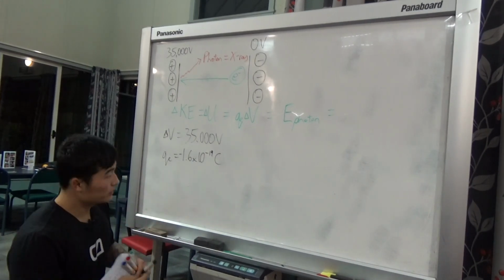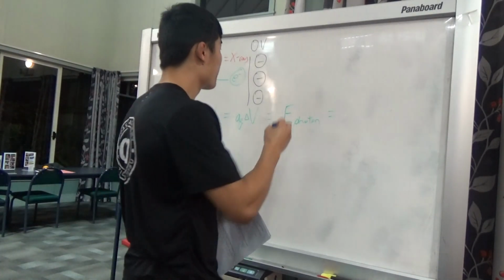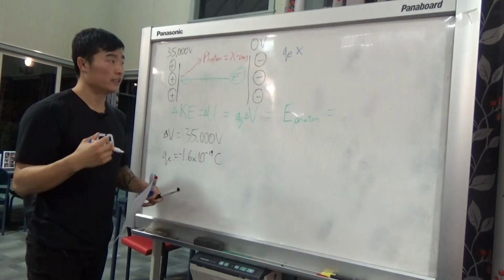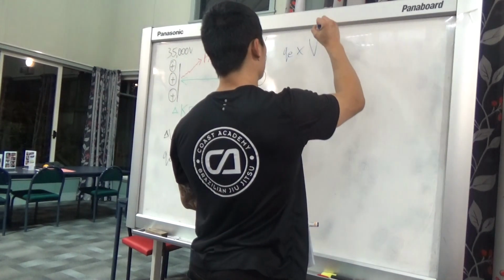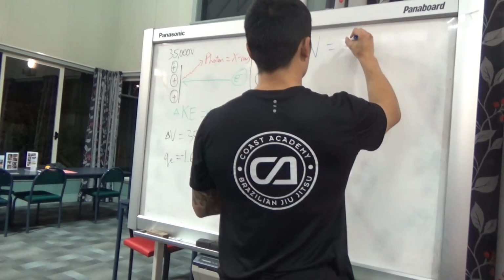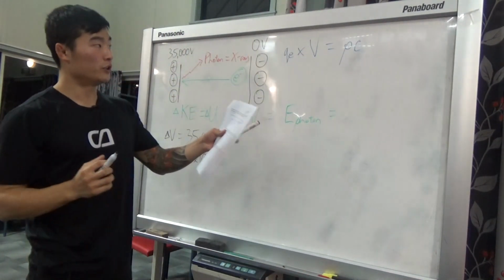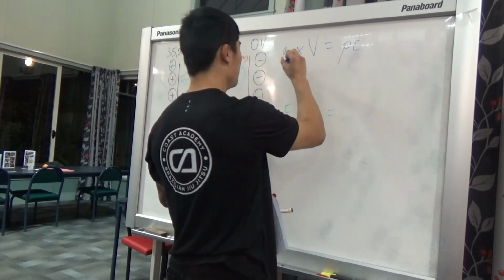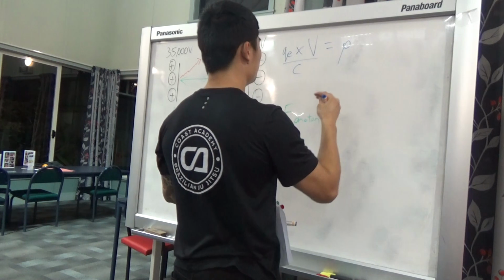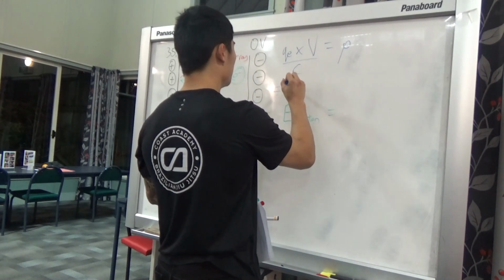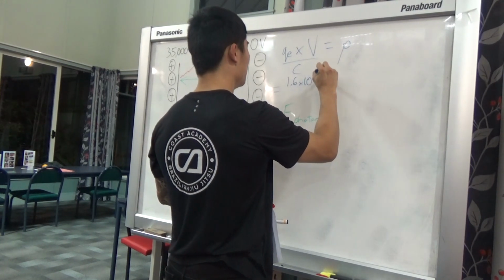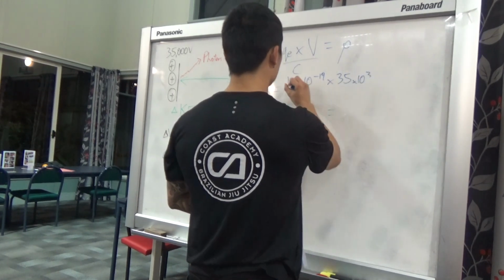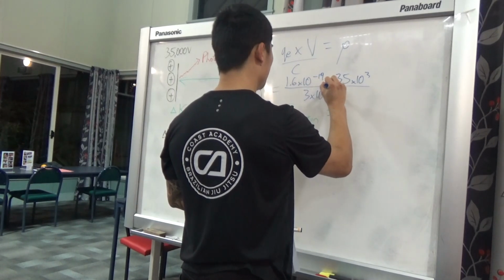Okay, so you're looking for momentum. On my cheat sheet, it's going to be like this: QE times the voltage is equal to P times C. You're just looking for momentum, so you want momentum on its own, so you're going to divide both sides by C. That's 1.6 times 10 to the negative 19 times 35 times 10 to the power of 3, divided by the speed of light, which is 3 times 10 to the 8.